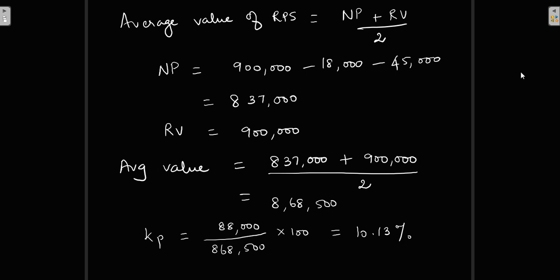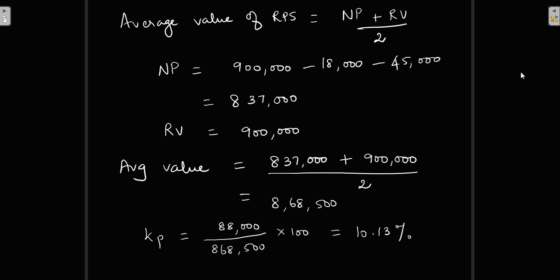To find the average value of redeemable preference share, it is net proceeds plus redemption value divided by 2. Net proceeds is face value minus issue expenses minus the discount on securities. So it is 8,37,000. We are redeeming at par, so the redemption value is 9 lakhs.